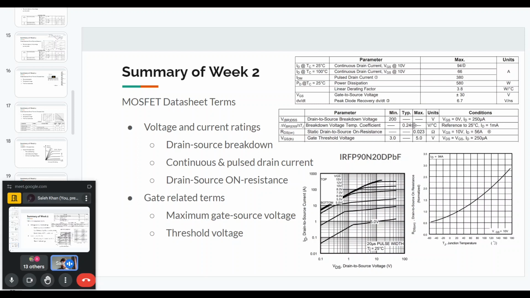Next, we have the continuous and pulsed drain currents. So continuous current, for example, here it is given at two temperatures. One is at 25 degrees centigrade, which is 94 ampere. And then at 100 degrees centigrade, it is given at 66 ampere.